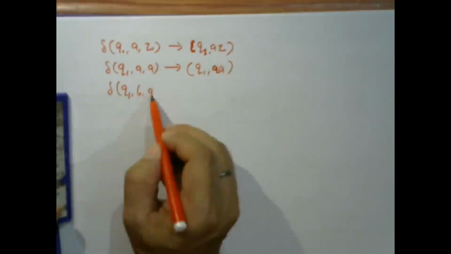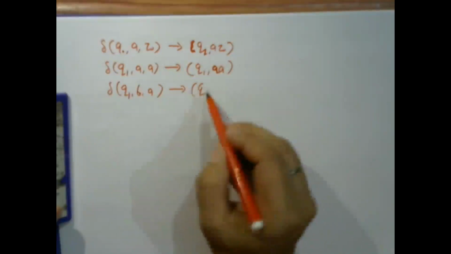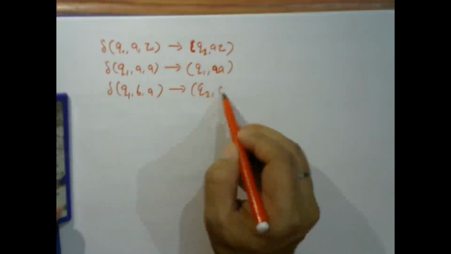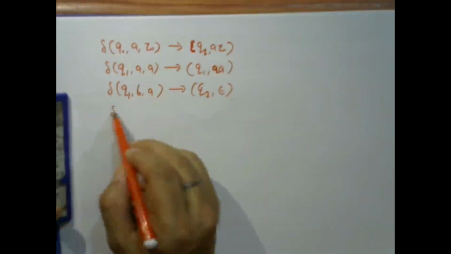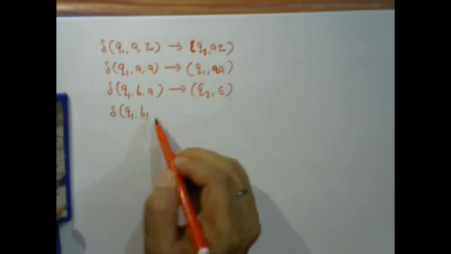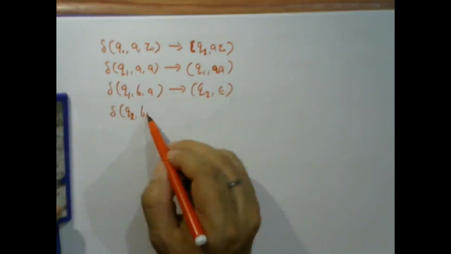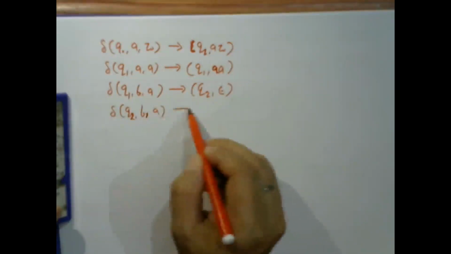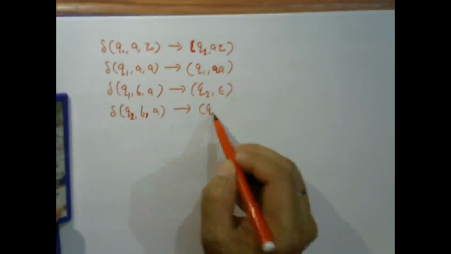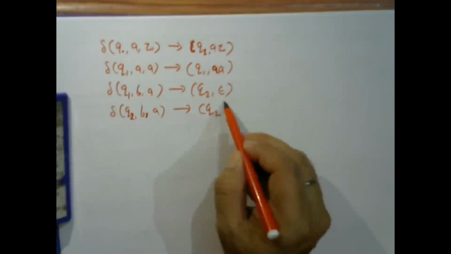Then Q1 B A gives Q2 epsilon, and then Q2 B with A as the top symbol gives Q2 epsilon.